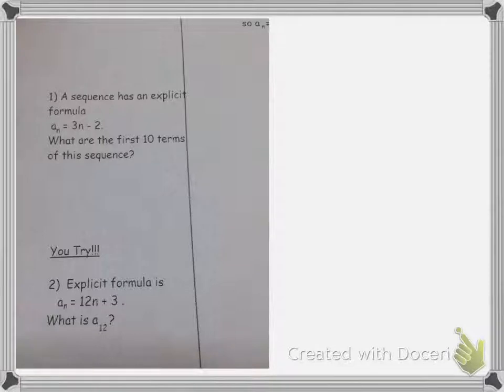So here for this example, a sequence has an explicit formula. A sub n is equal to 3n minus 2. What are the first 10 terms of this sequence? Well, what I can do, 3 times 1 minus 2, that's going to give me the first term because I plugged in 1 for n.